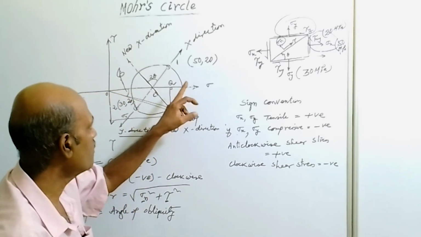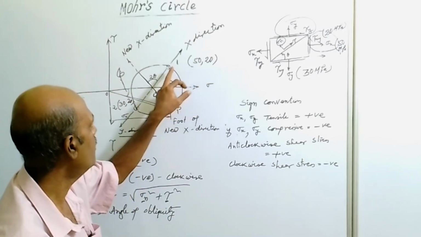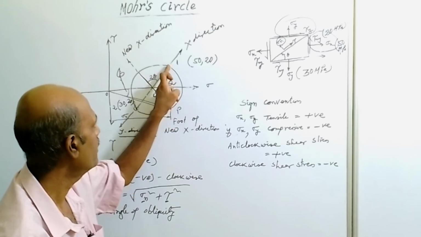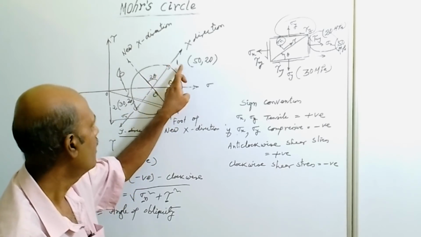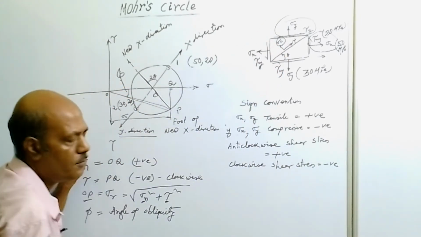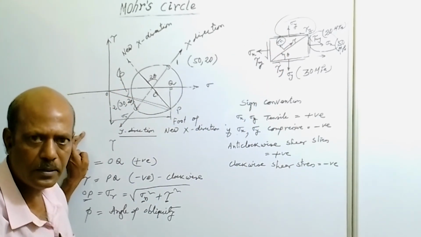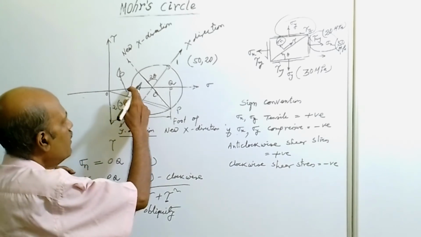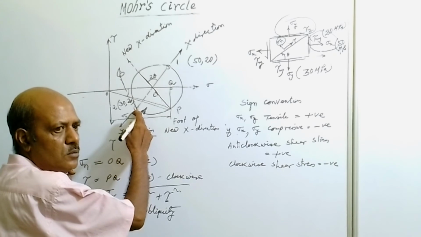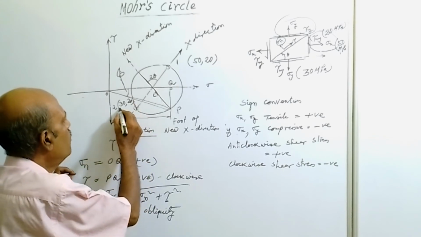For the x phase point, it is 50, 20, so measure by using a scale 50 and 20 and mark this point 1. Similarly, go to the y phase, see the condition of stresses acting on the y phase, and mark the second point, sigma y and tau. So we have got this point 2, 30, 20.